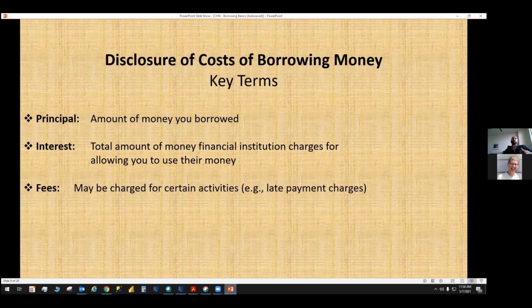So there are fees associated, but the big thing to take away from this slide is that the banks or the creditors have to tell you what those things are upfront before you ever borrow the money. They will tell you how much the principal is, how much interest you'll be paying, and what any associated fees are with borrowing that money, so that you can make an informed decision on whether or not you want to borrow that money.